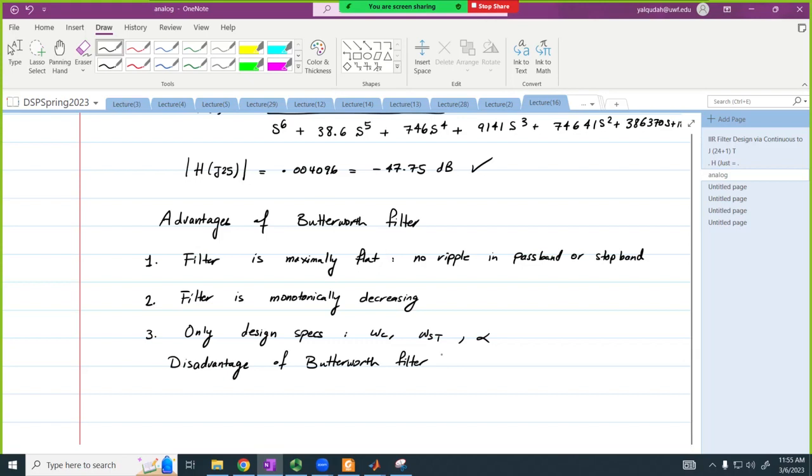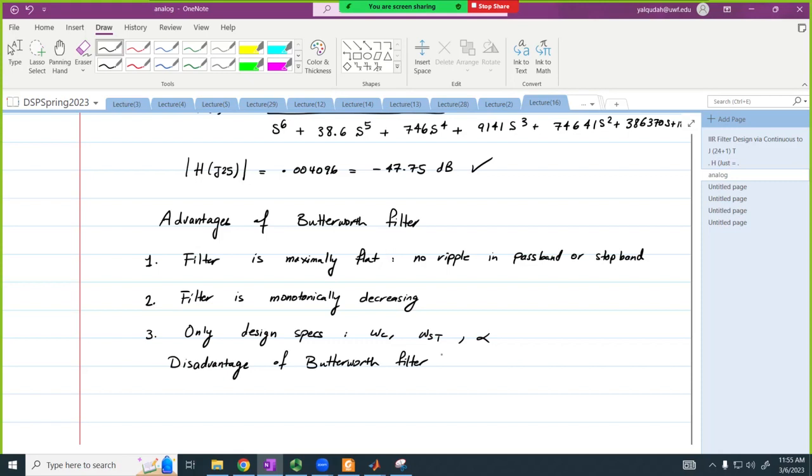I guess the steepness matters on order, so if you need a really steep filter, you need a super high order. That's correct, yes. The attenuation determines the order. The more attenuation we want, the steeper, the higher the filter order.